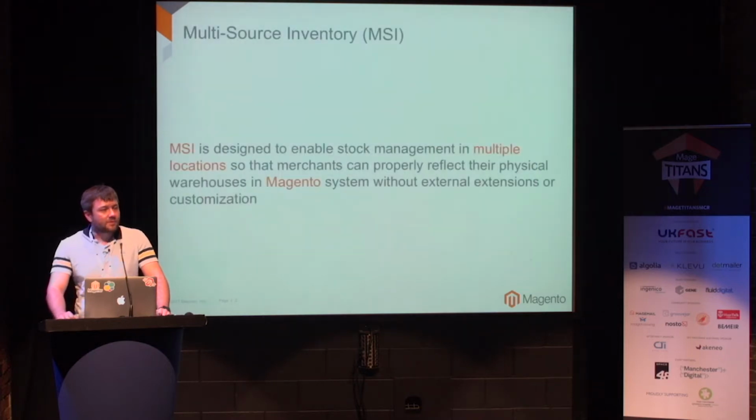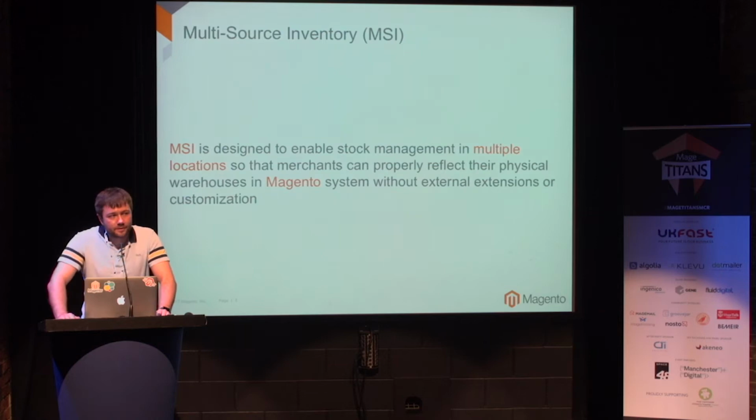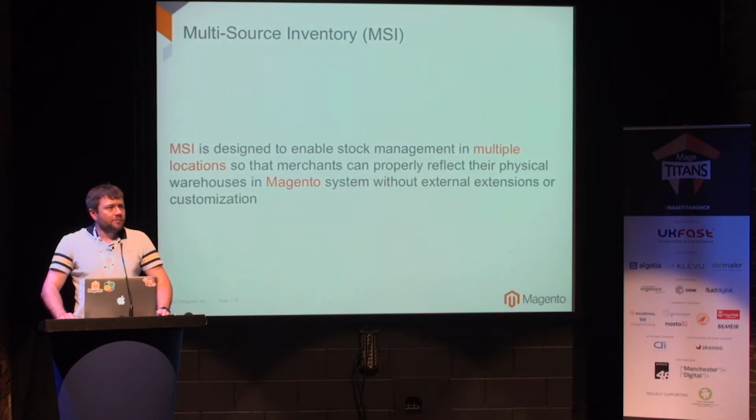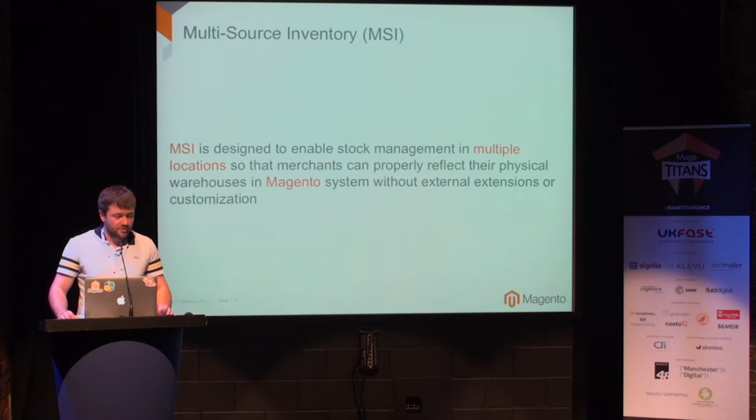So, the multi-source inventory. I believe you're all aware that Magento 1 is a single stock system. While you have only one warehouse or only one storage where all your physical goods are stored, you're pretty okay to use just Magento.